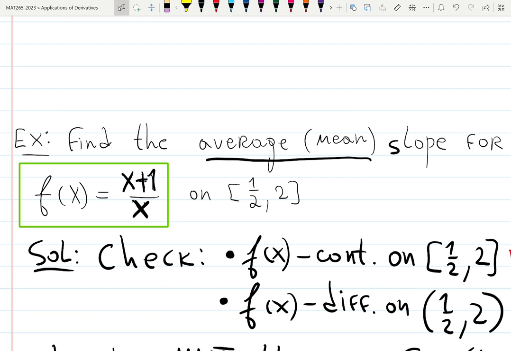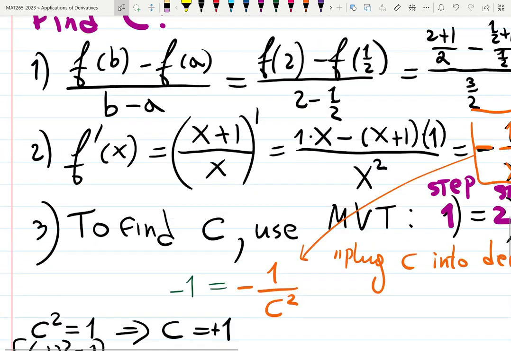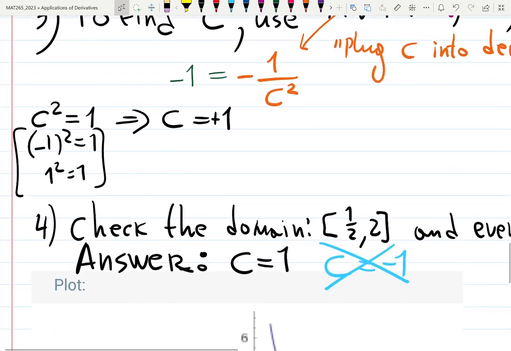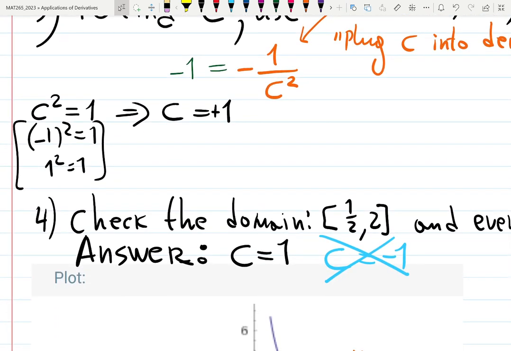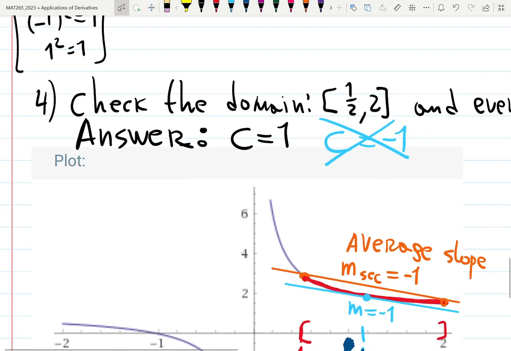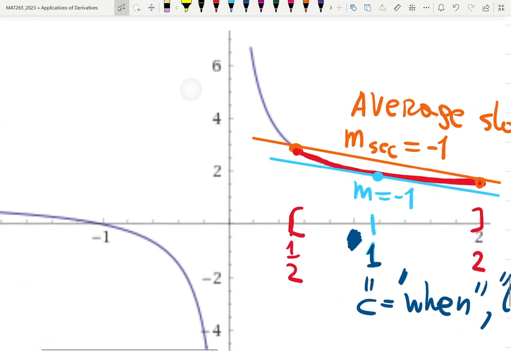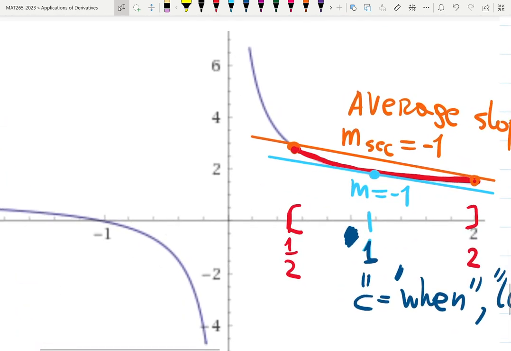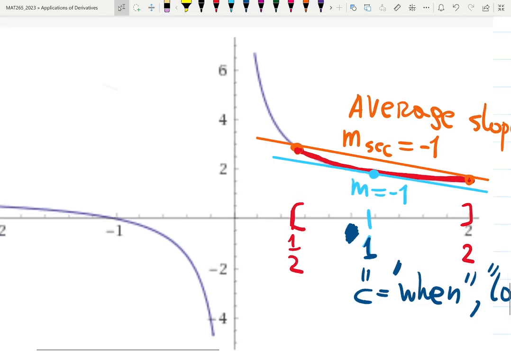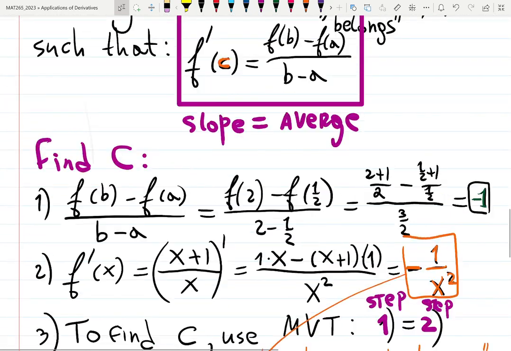Find the average slope as a point. Oh, that will be good. Now we can say where it is. So C gives me the location of it. And then -1 was the height. No, -1 is not the height. Find the C.